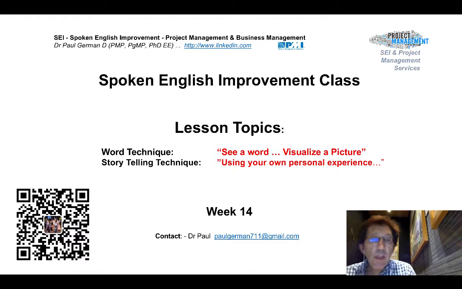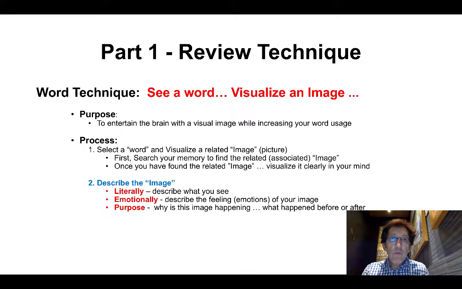Yes. All right. So today we're going to warm up with the word technique, and then we're going to jump into the storytelling technique. Okay. So the word technique, basically, if we go to page 3, is to see a word and then visualize an image.